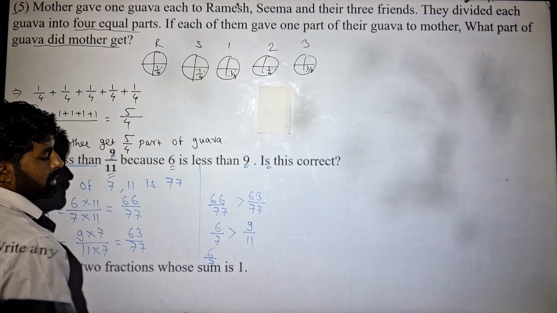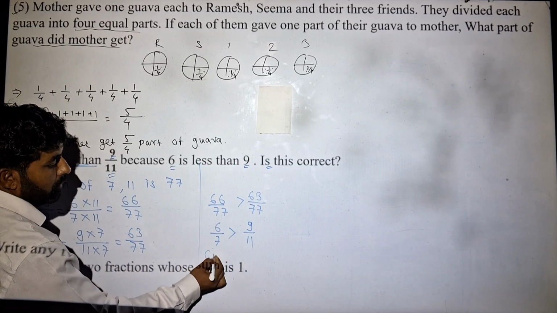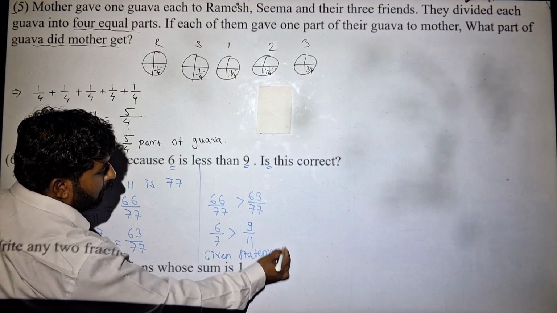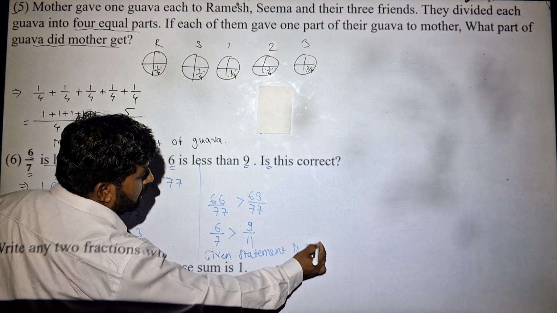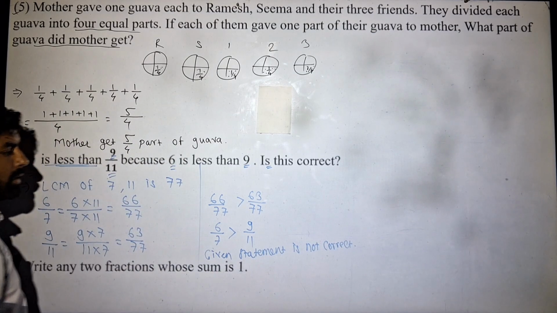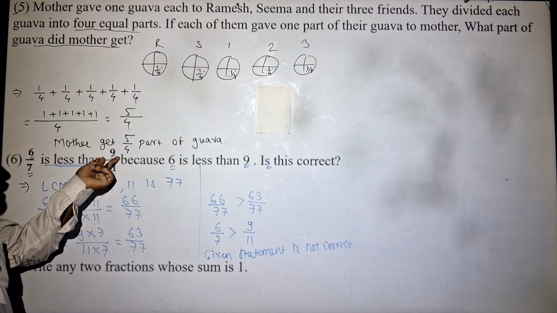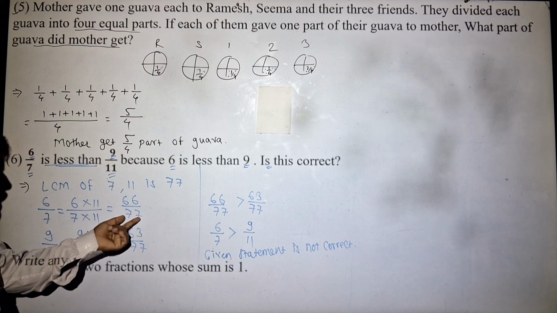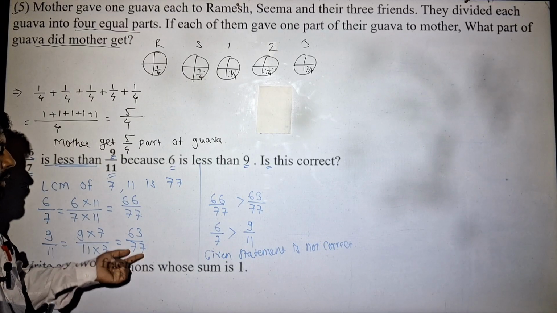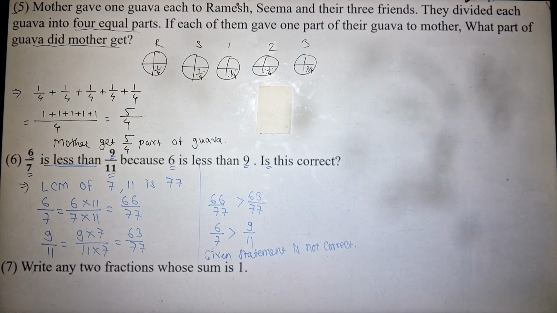The given statement is wrong, the given statement is not correct. Okay, we cannot directly observe the numerator. We first convert the given fractions into like fractions, then we compare the numerators.